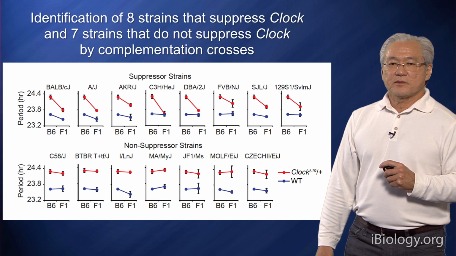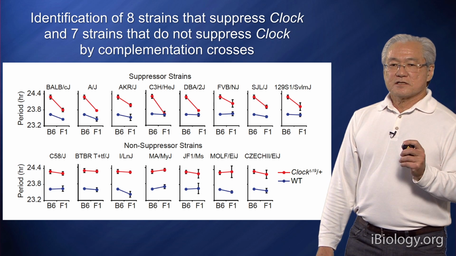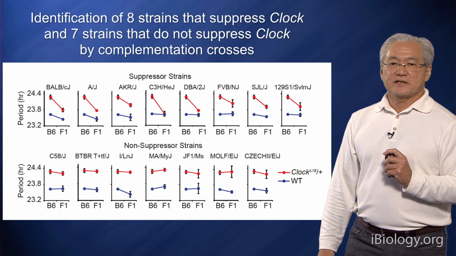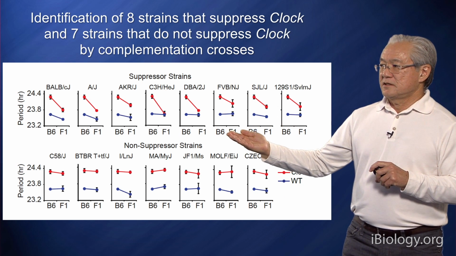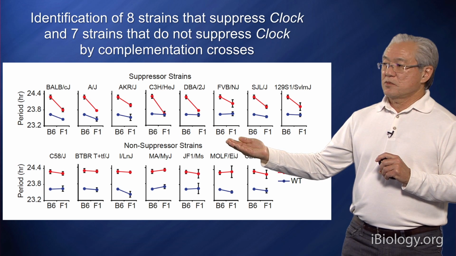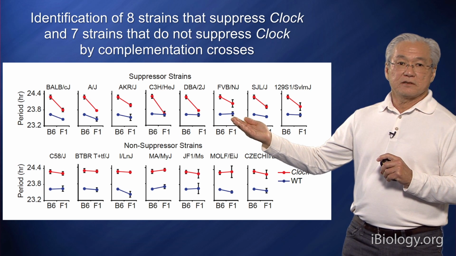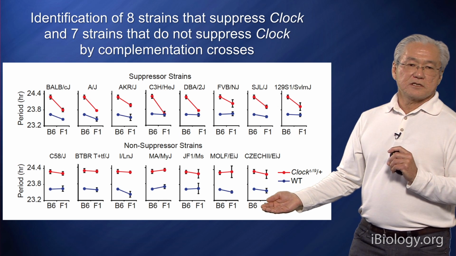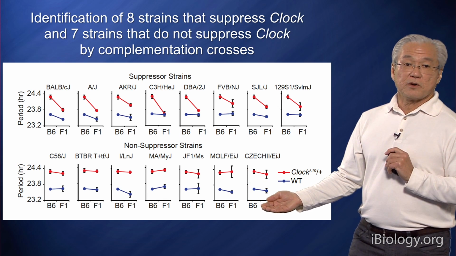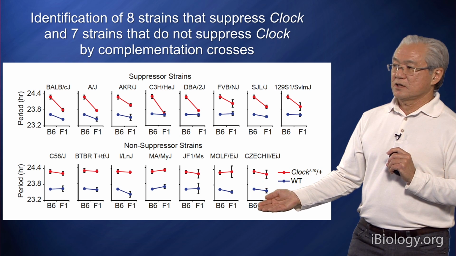Shimamura, who did this experiment, crossed to 15 additional strains of mice, and he was able to find that 8 strains carried the suppressor for mice, shown at the top here, and 7 additional strains, in addition to C57 black 6, failed to suppress. These strains are shown on the bottom here.